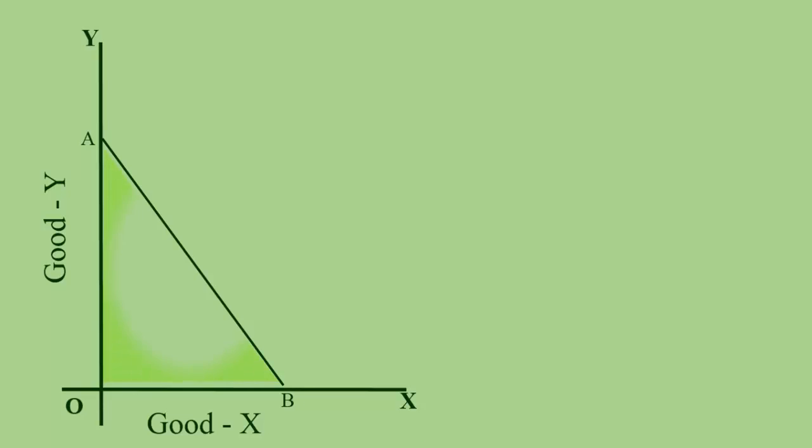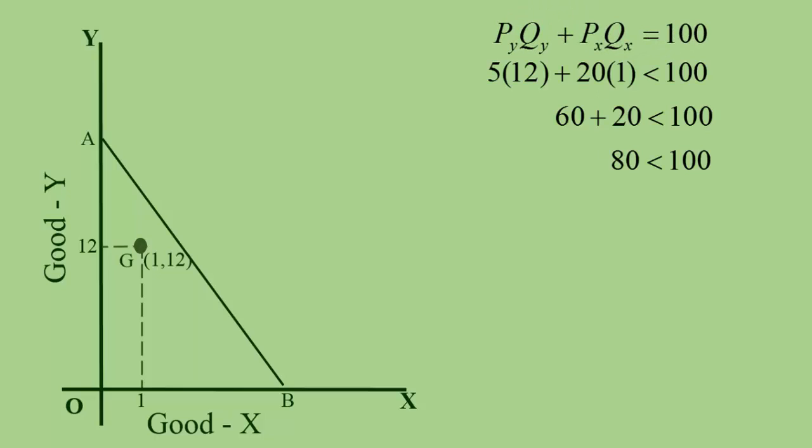Though he can buy a combination that lies inside the triangle AOB, he won't buy. Take point G. It consists of 12 units of Y and 1 unit of good X. The consumer spends 80 rupees on both the goods, whereas his income is rupees 100.